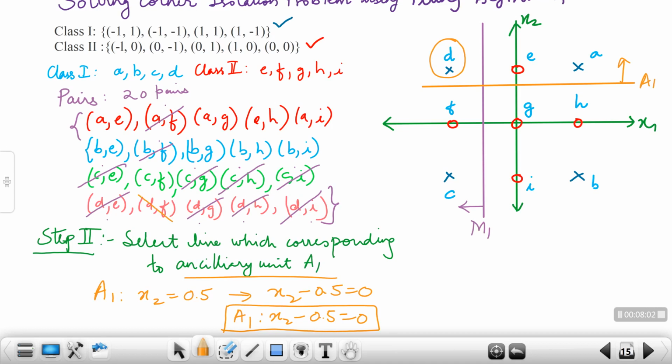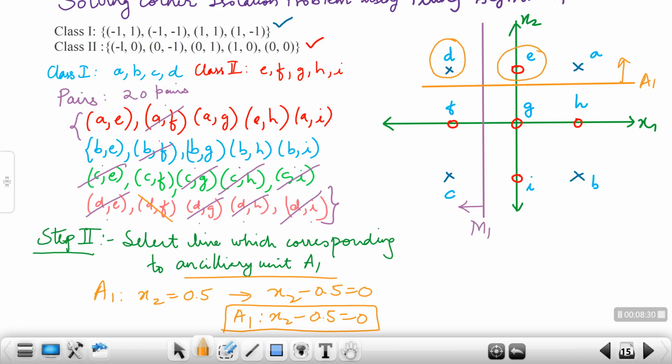I expect you to write these pairs again. Here I am using the same pairs and cancelling them out, but you can write them again, or use a different marking scheme so as to indicate which pairs got cancelled with which particular line you selected. So D, F is getting cancelled, because it is separated by the line A1.